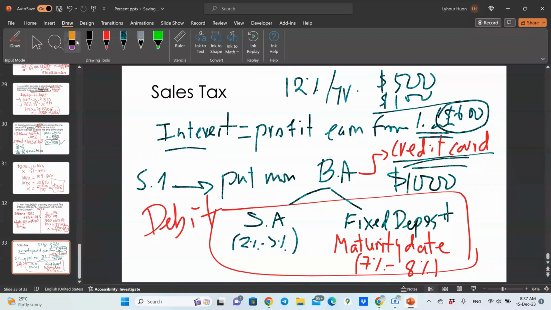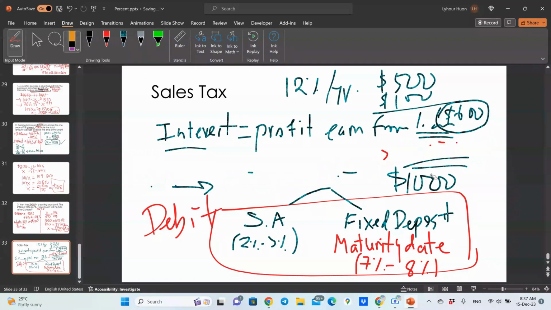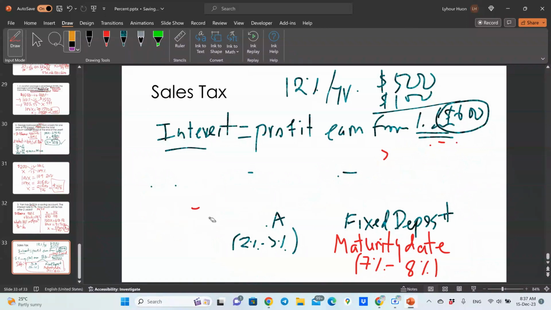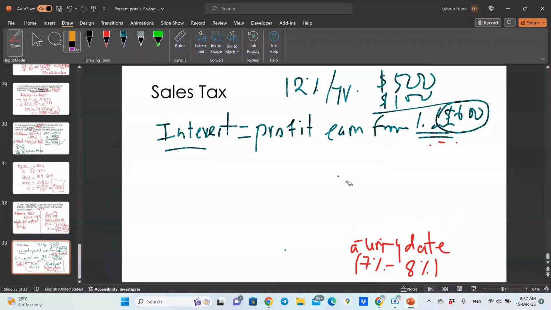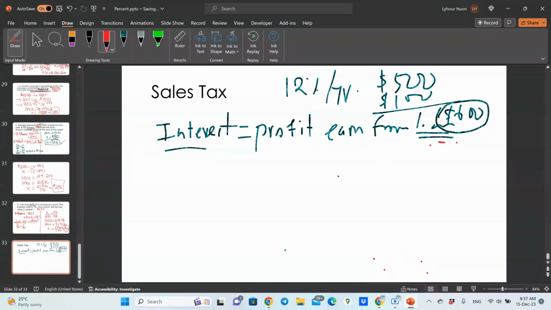Okay, this is scenario one. Scenario two is we don't have money, so we borrow money from the bank, or from a friend, microfinance, something like that. Let's say scenario two is we don't have money, but we need money. So we take a loan from a bank.